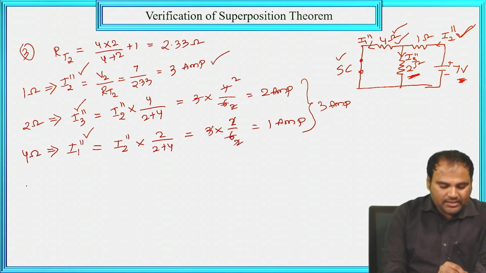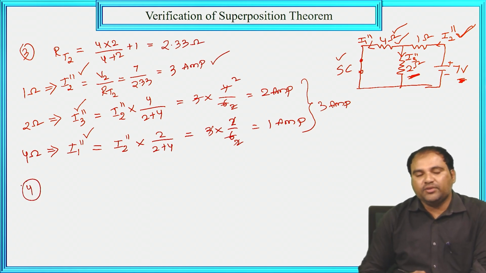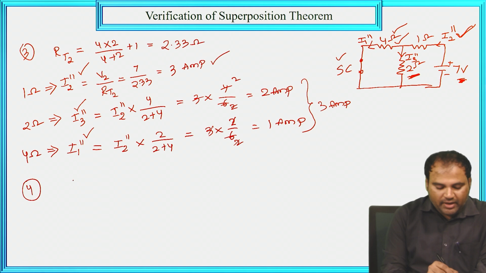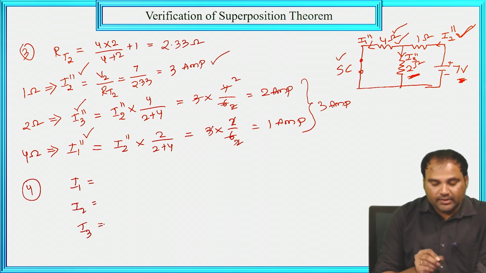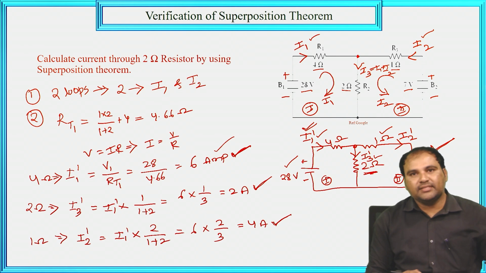And the last step, step number 4, is according to the statement of the superposition theorem, the total current is equal to the algebraic sum of the individual currents. That is, we have to find out I1, I2 and I3. Now here we have to compare the first circuit and the second circuit.